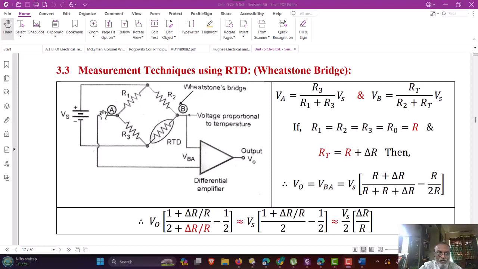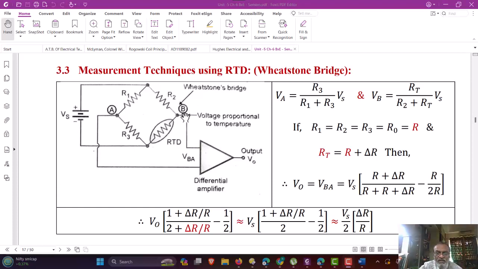So the voltage at A with respect to the common point is VA, which is equal to R3 upon R1 plus R3 into Vs. Similarly, the voltage at point B is given by RT, that is the resistance of the RTD, upon the total resistance R2 plus RT into the supply voltage Vs. So we got the voltages VA and VB.